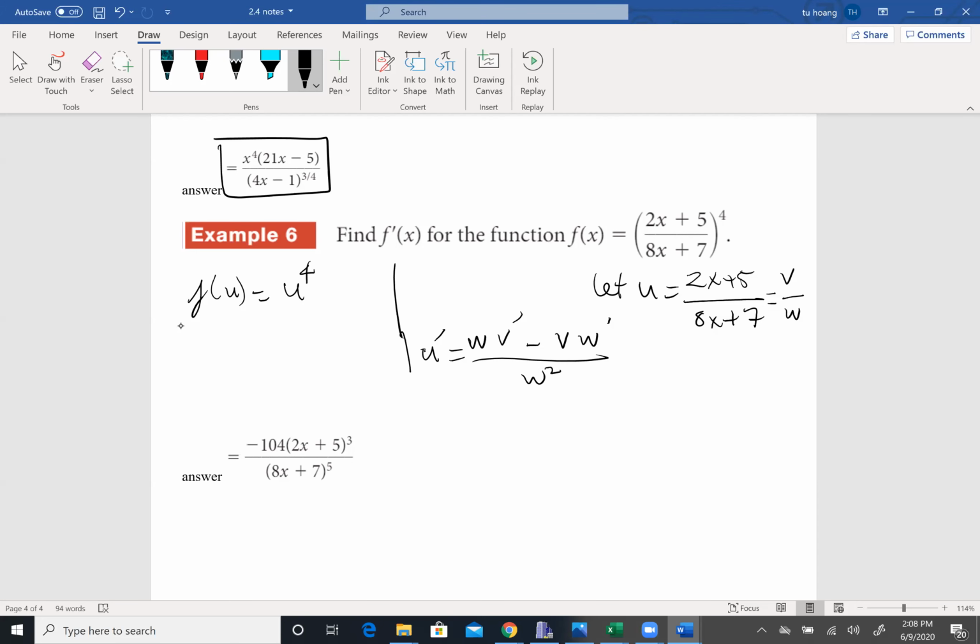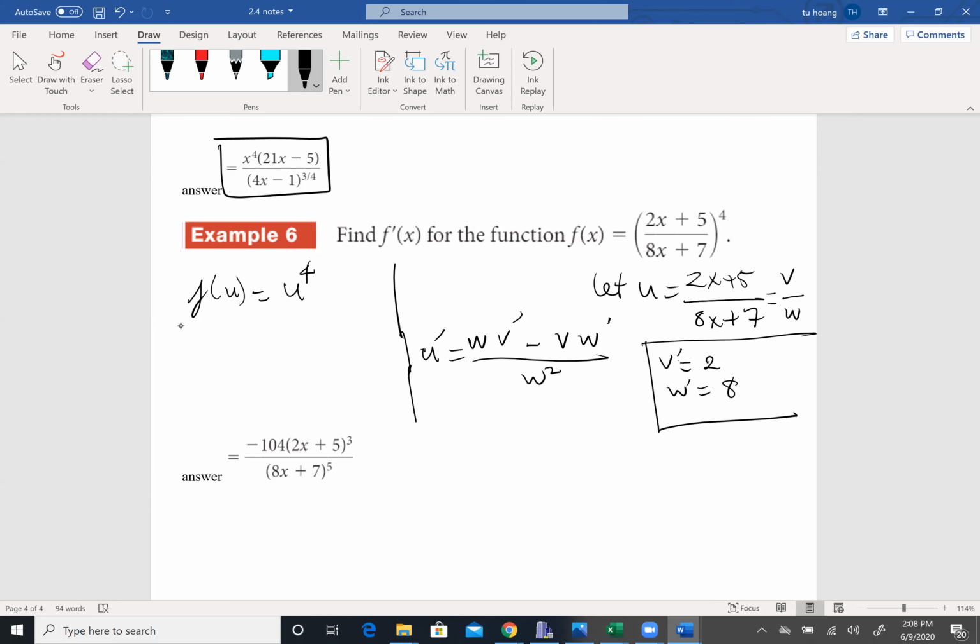Okay, so in this case, you can do a side work. v prime should be 2 because the top of this is 2x plus 5, we take that derivative, which is 2, and w prime will be equal to 8. Okay.